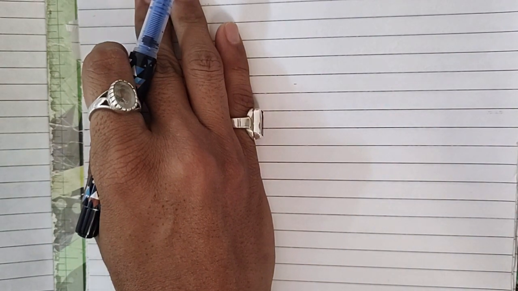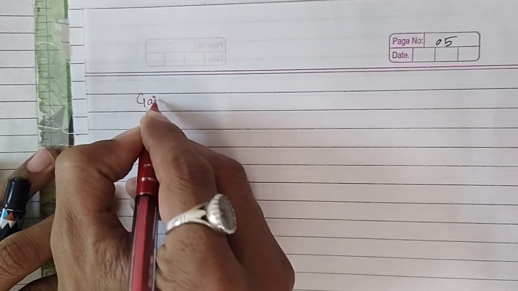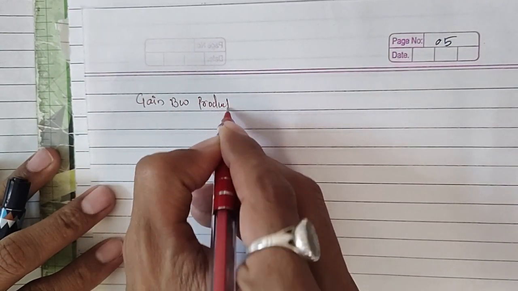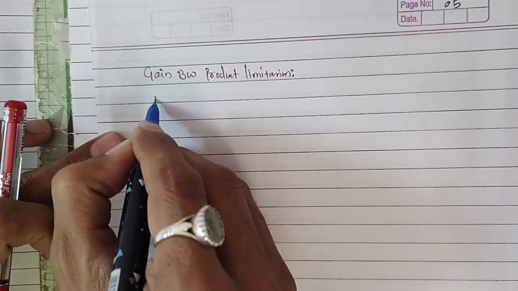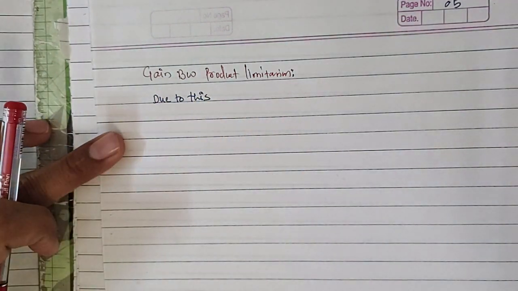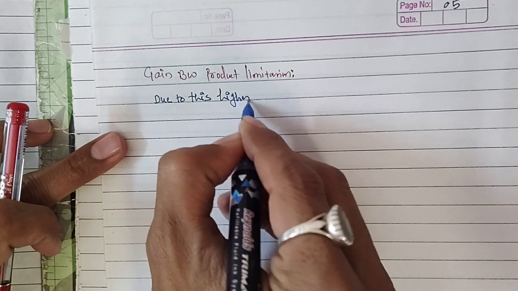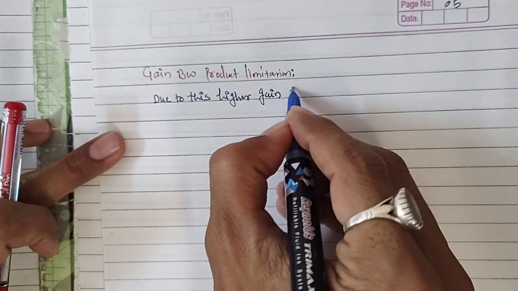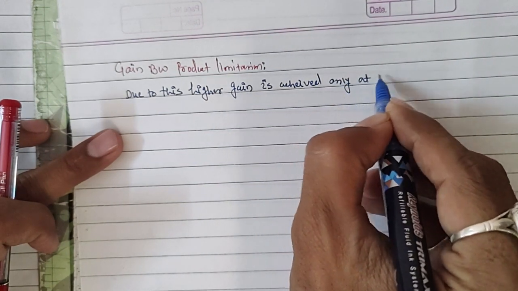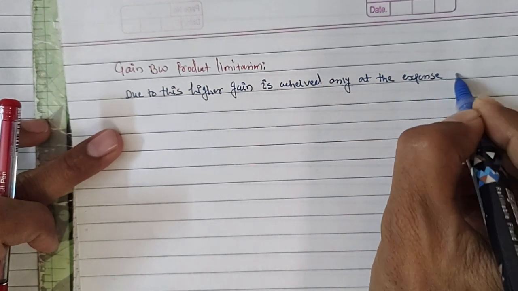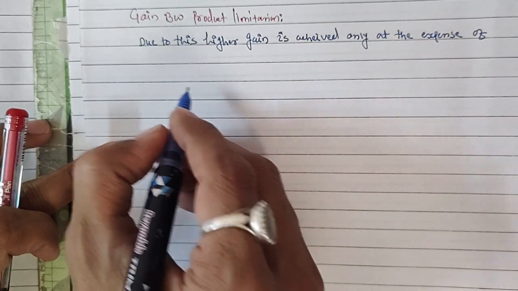So because of this effect, higher gain is achieved only at the expense of a narrower bandwidth.